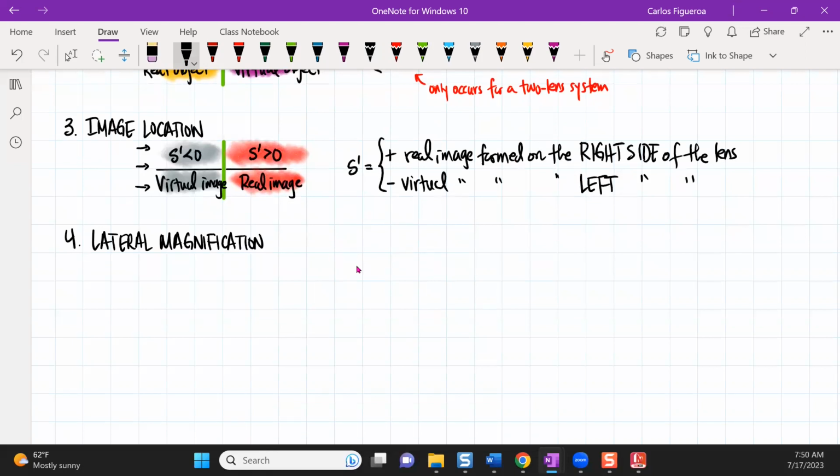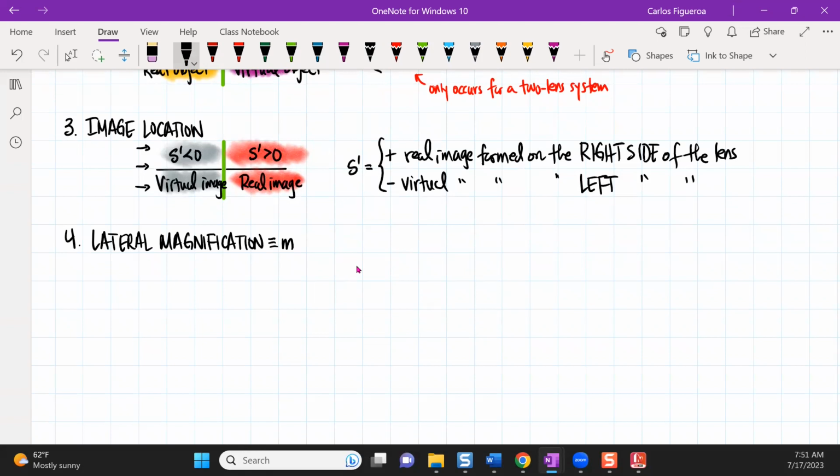Now, I dropped the word lateral and I only call it the magnification because that's the only magnification that we deal with. And so there's two pieces of this thing. So now let's look at the magnification. What does it mean if it's positive or negative here?